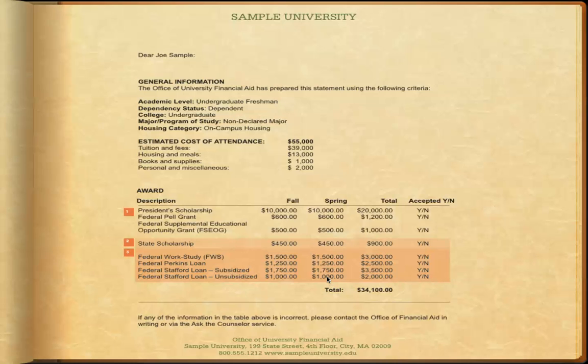And there again, books and supplies, personal and miscellaneous, those are estimates. Students have total control over those by how they buy books or share books, or sometimes professors put them on reserve in the library. Oftentimes you can rent them. That's a relatively new thing to me. I didn't know that.